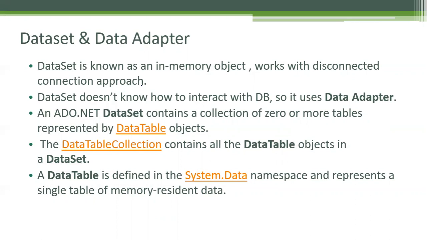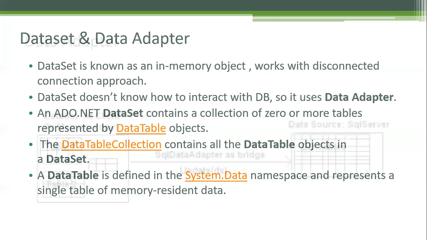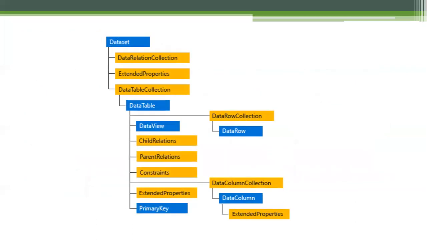So we can interact with the dataset, and we can perform any CRUD operation like create, read, update, delete. Then, if you want, we can update the data back to the database using the data adapter Update method.